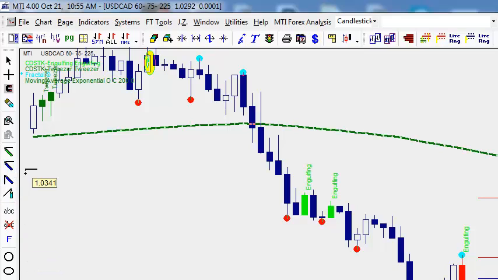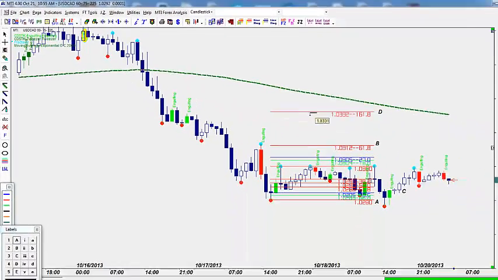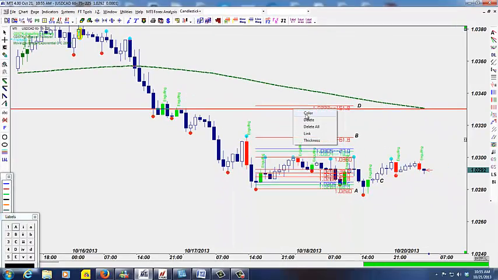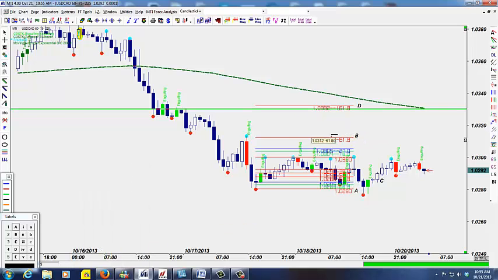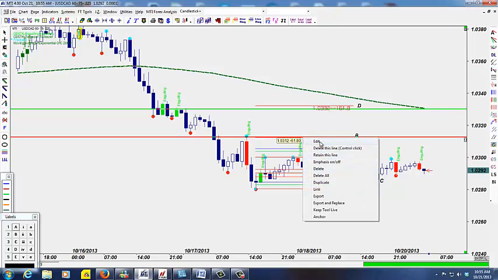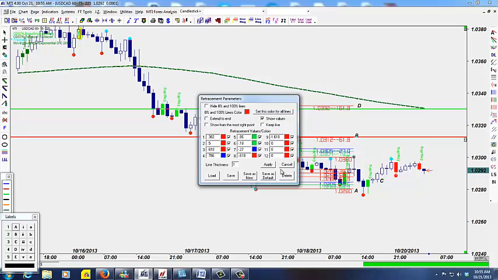Now all we need to do is just put our markings where they need to be. Here's D, and of course we're going to make that green. Here's B. And that's not what I wanted.